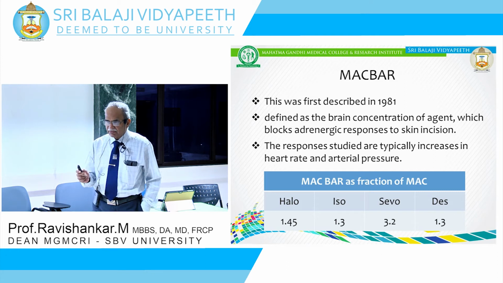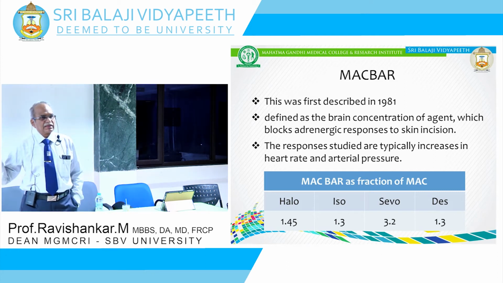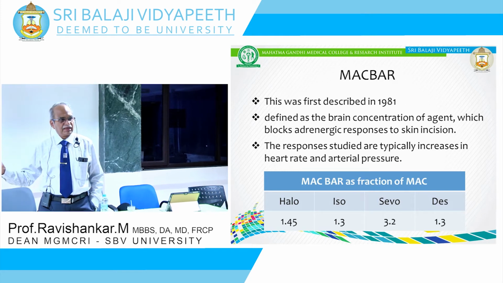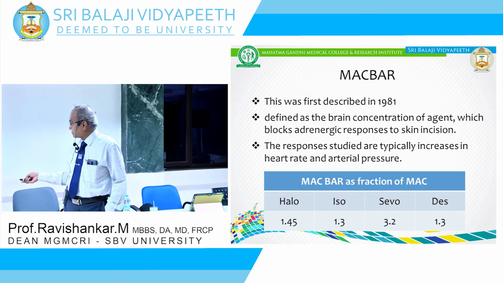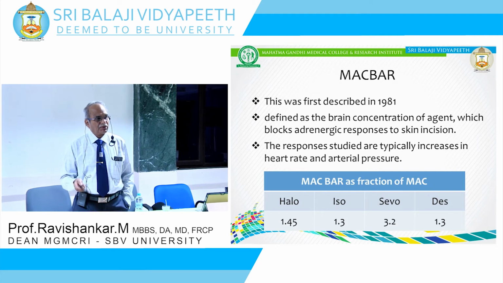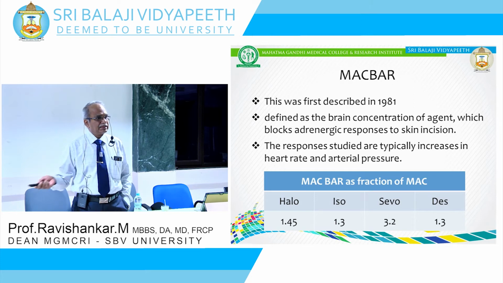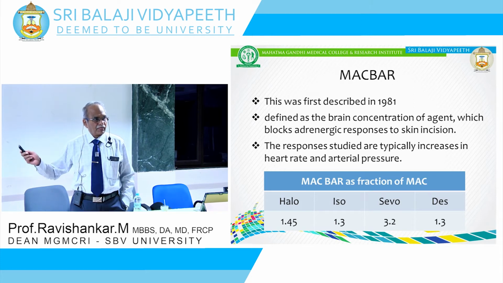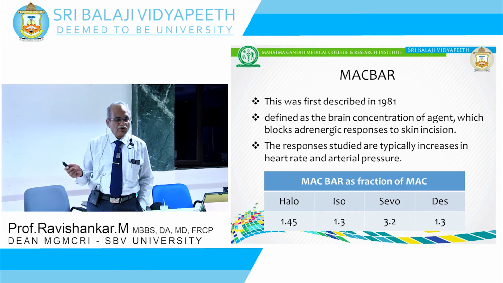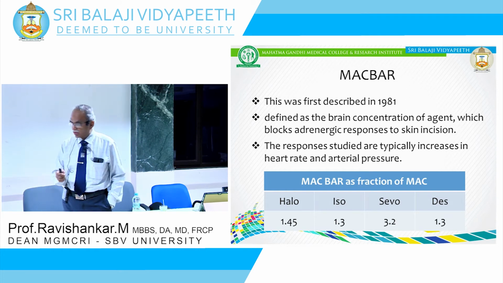They said the mechanism of action of sevoflurane to produce this blockade is maybe slightly different, so the value is high. Unless you go up to this value, 3 times the MAC, you may not stop the adrenergic response when you're using sevoflurane. So you have to use some other agents to block that, and you should not be depending on this particular agent alone for producing that block.